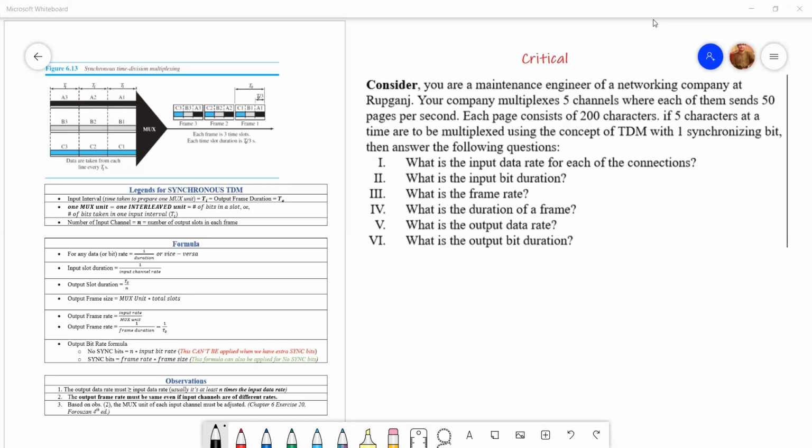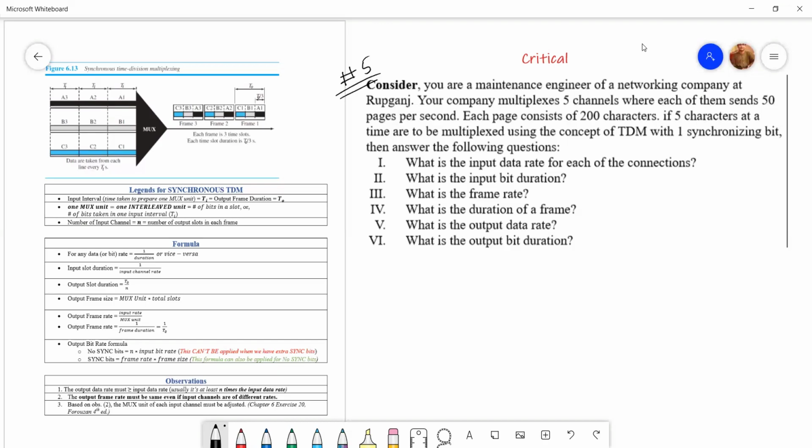You need to do some kind of conversion between bits and characters and frames, and different kinds of things. Based on that, we can say that our math number 5 is a little bit of critical math.